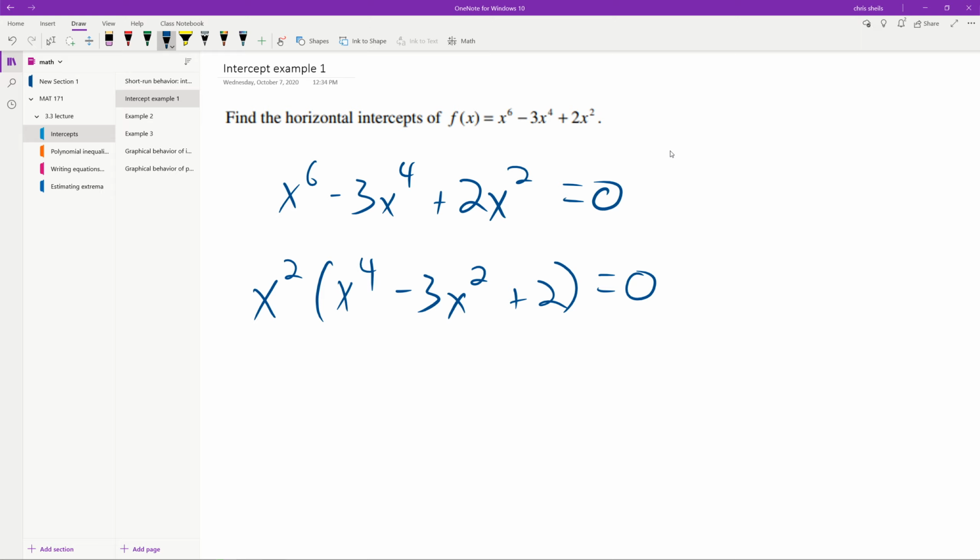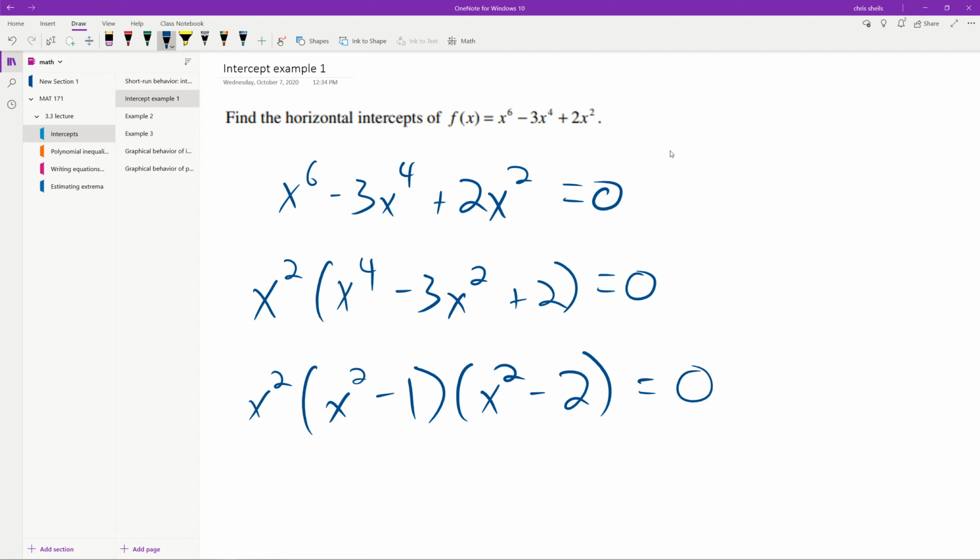And now I can actually factor the inside here like a quadratic. I need 2 numbers that multiply to give me 2, that add to give me negative 3. And those numbers are negative 1 and negative 2, so I'm going to have x squared, x squared minus 1, x squared minus 2 equals 0.